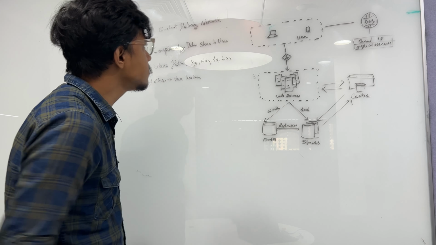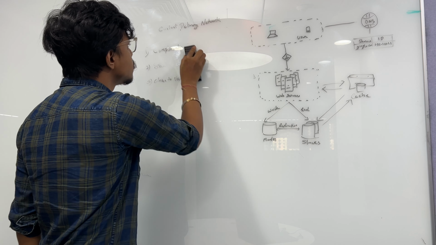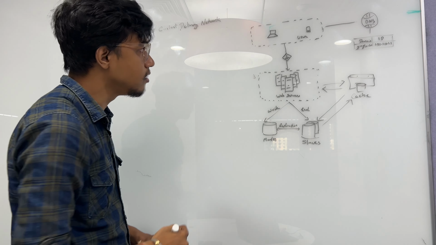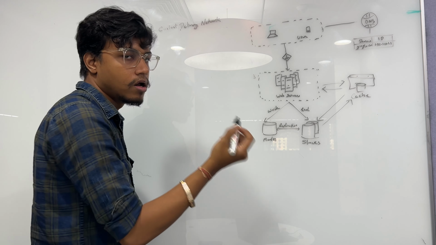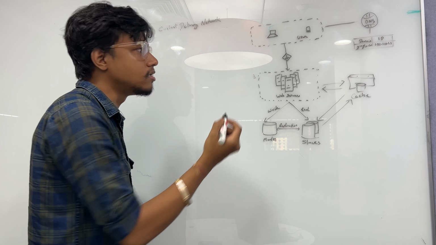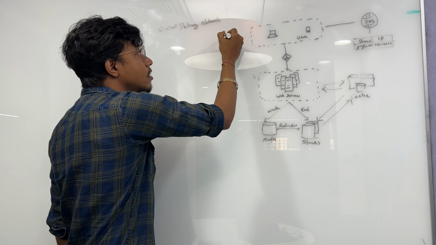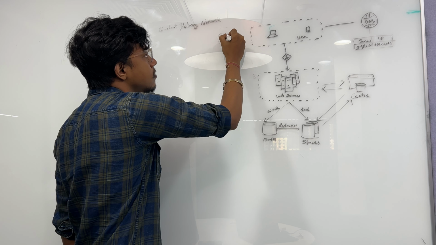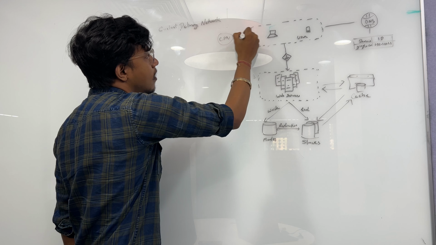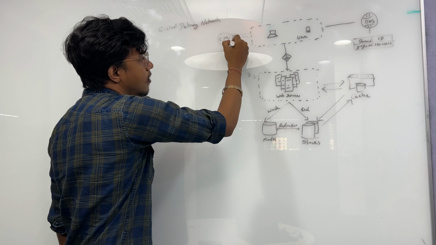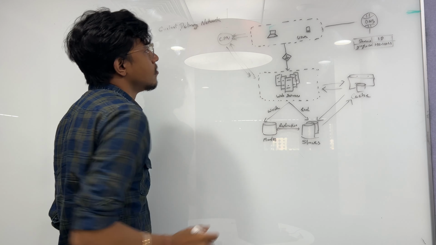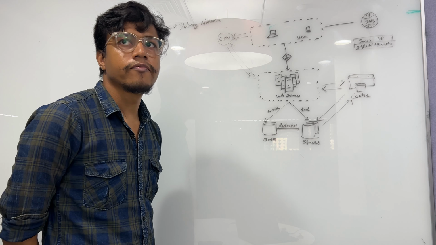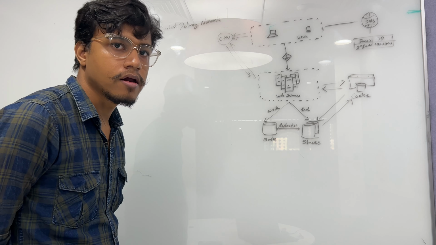So what CDNs do is they store all of this static data, like images, videos, client-side JavaScript and style sheets, on a server near the user. So the CDN would be somewhere like this. For example, take a website which has become popular and is accessed very frequently.